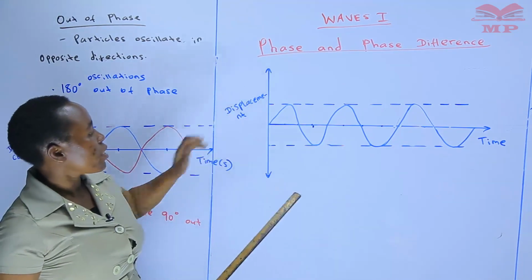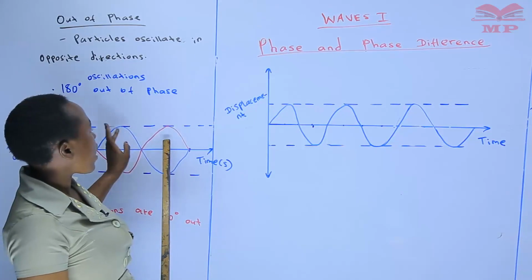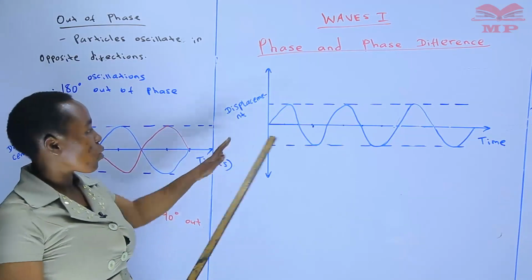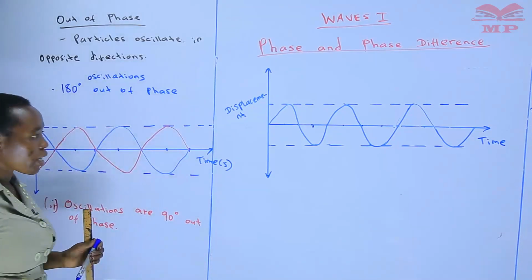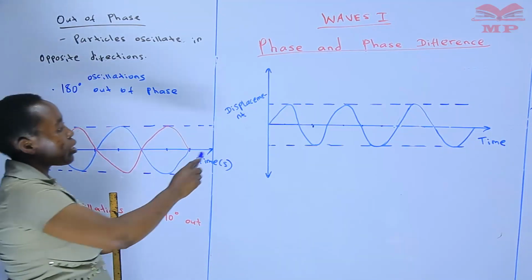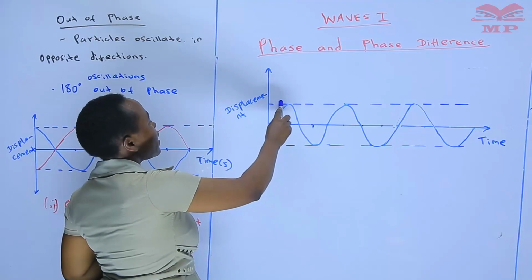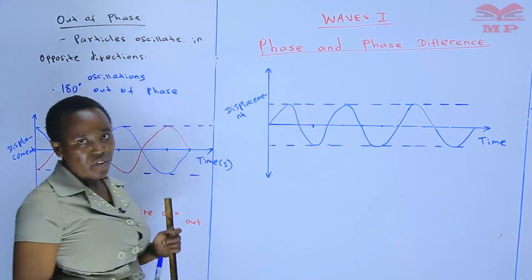So you can try this. You have done the one for 180 degrees out of phase. You can try this for, using the same sketch, you just come and plot. Well, now we have 90 degrees out of phase.